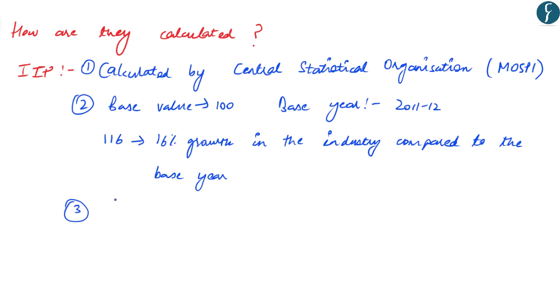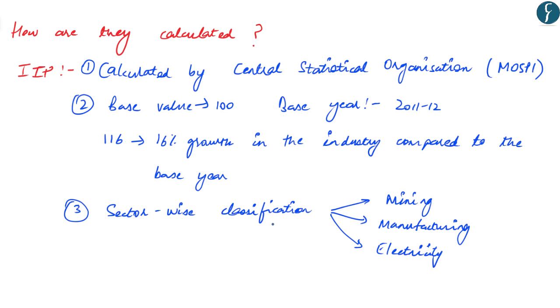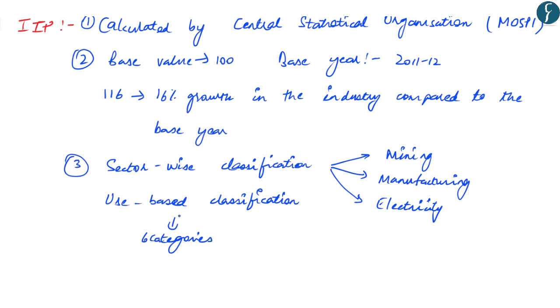Also, in IIP, there are different types of classification of industries. Firstly, there is a sector-wise classification, which includes mining, manufacturing and electricity. Similarly, there is also a use-based classification, which consists of 6 categories such as primary goods, intermediate goods, capital goods, consumer durables, consumer non-durables and so on.